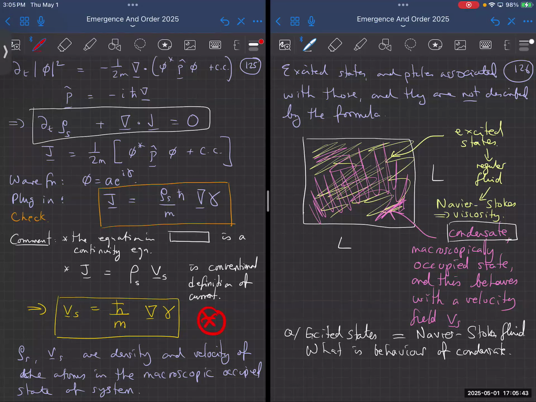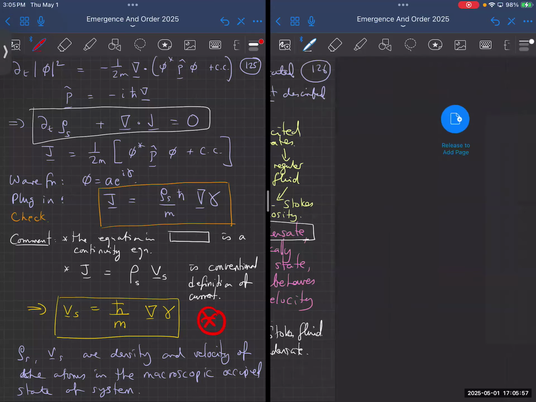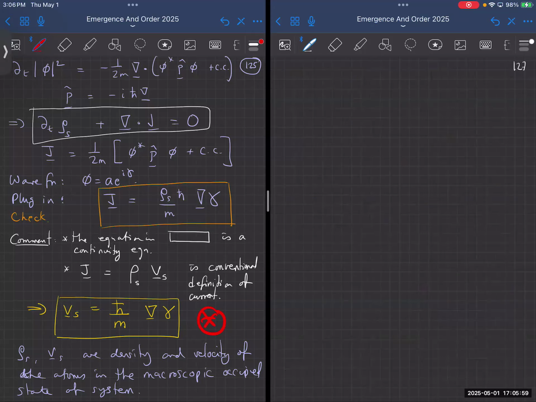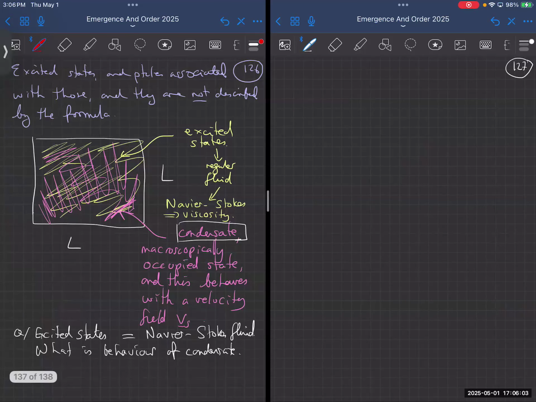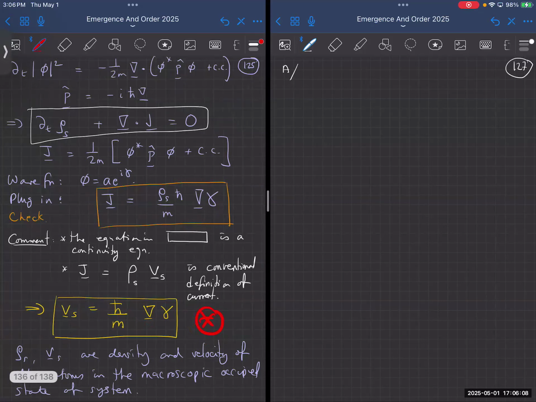Let me just get to the right point in my notes so I tell you the right thing. Okay, so the next thing I want to tell you is the following. To answer this question, what do we know about the superfluid?